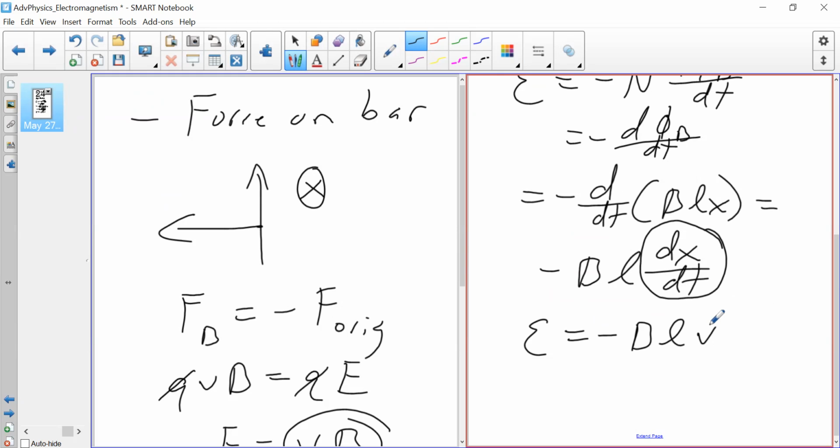So essentially, the flux that's produced by this moving conductor is actually in the opposite direction to the voltage produced within the conductor. Negative BLV.